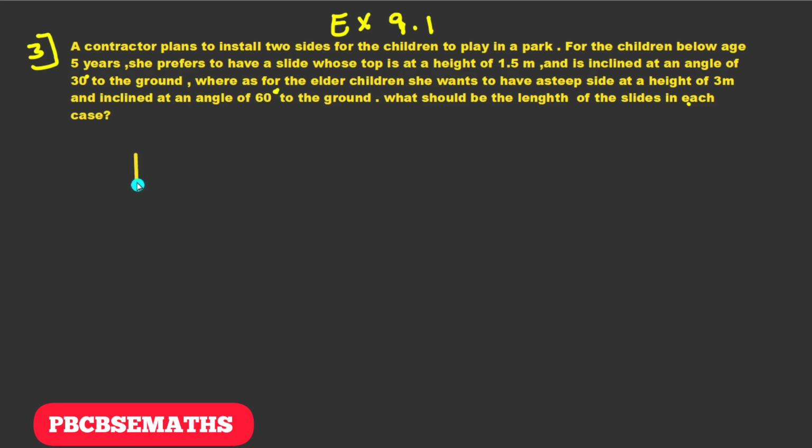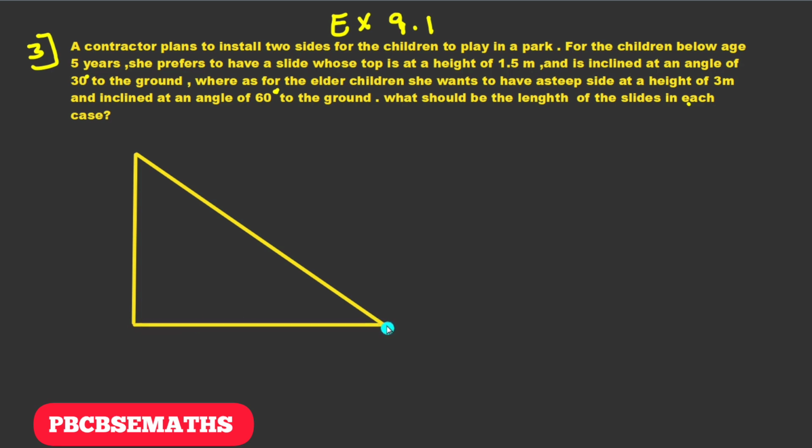For that, let's draw that one. This is the height of the top of the slide from the ground. Then we need to find out the length of those two slides. Let's say this is the distance between the foot of the slide and the foot of the steep.